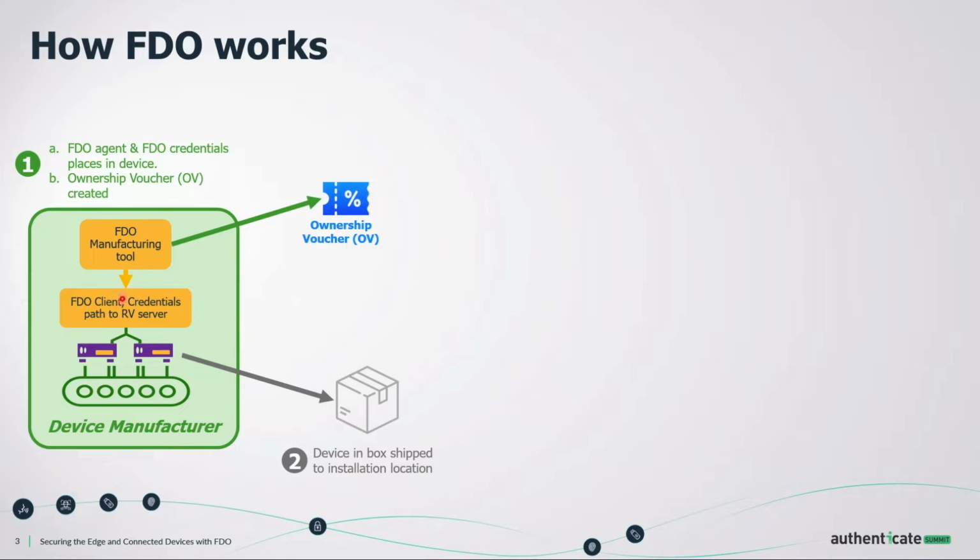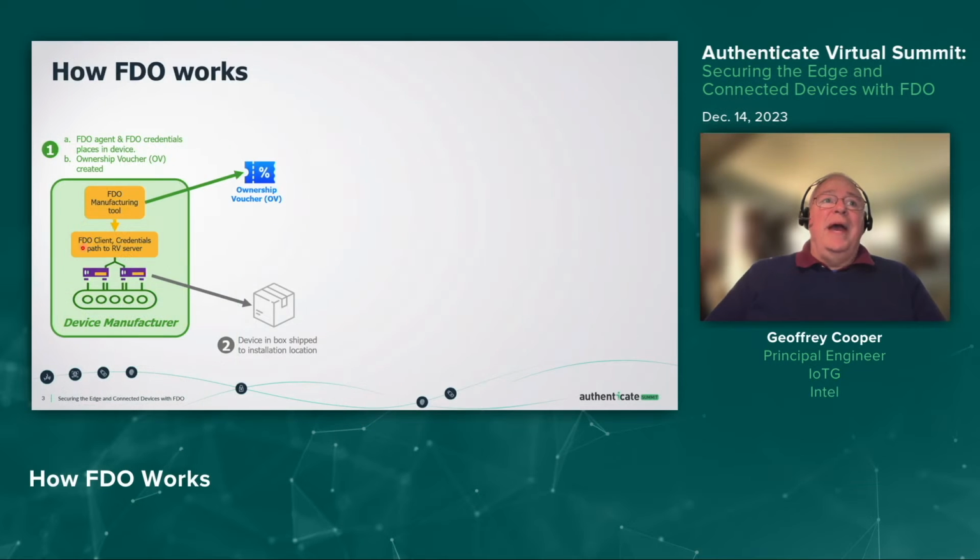So here we have an FDO client. We have credentials to it. There are some certificates, etc. And then we have a path to something called a rendezvous server. And so we'll choose a rendezvous server and put its address into the device.